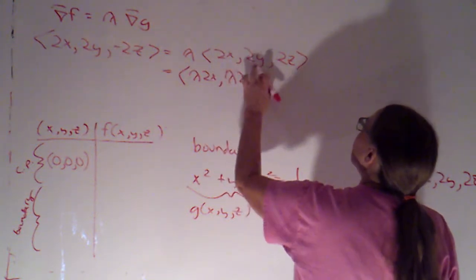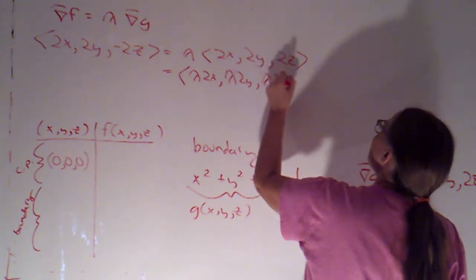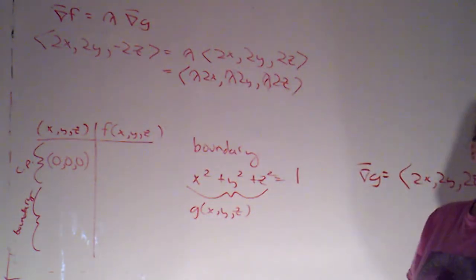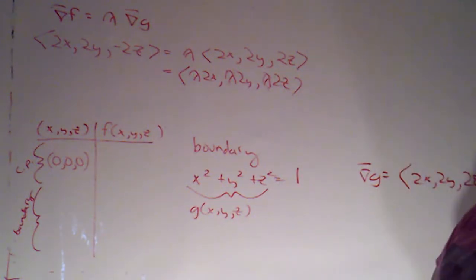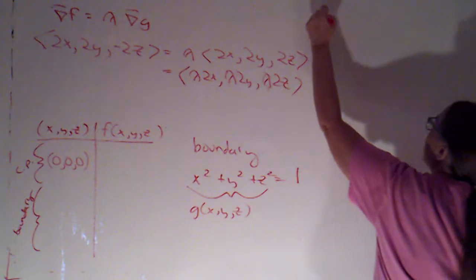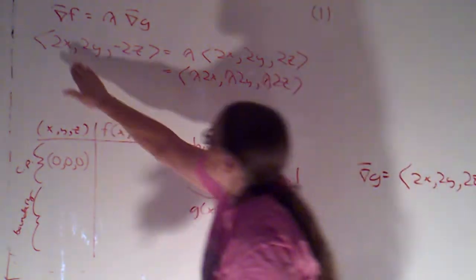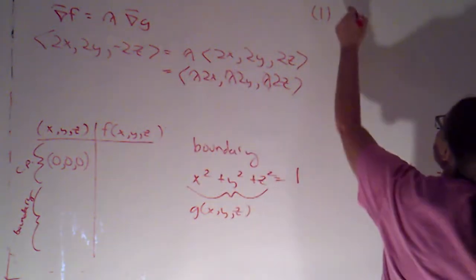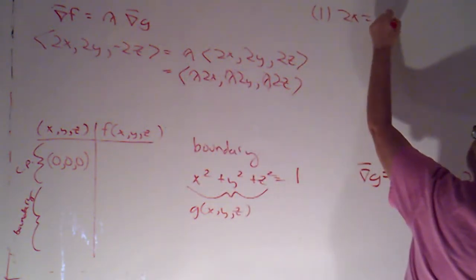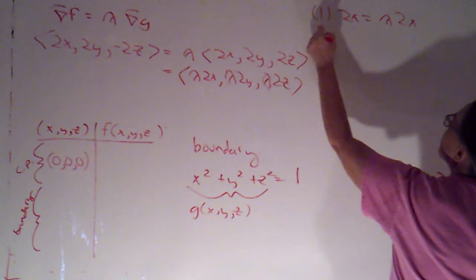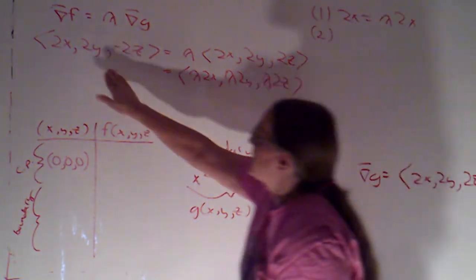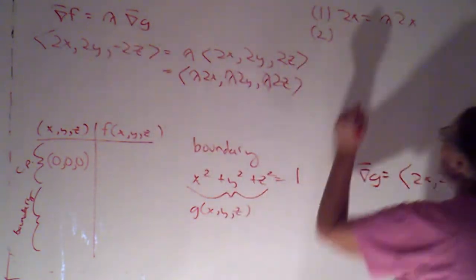Okay, so let's get our system of equations. I'm just going to number them. First equation, first components have to be equal. So 2x is equal to lambda times 2x. Second equation, second components have to be equal.